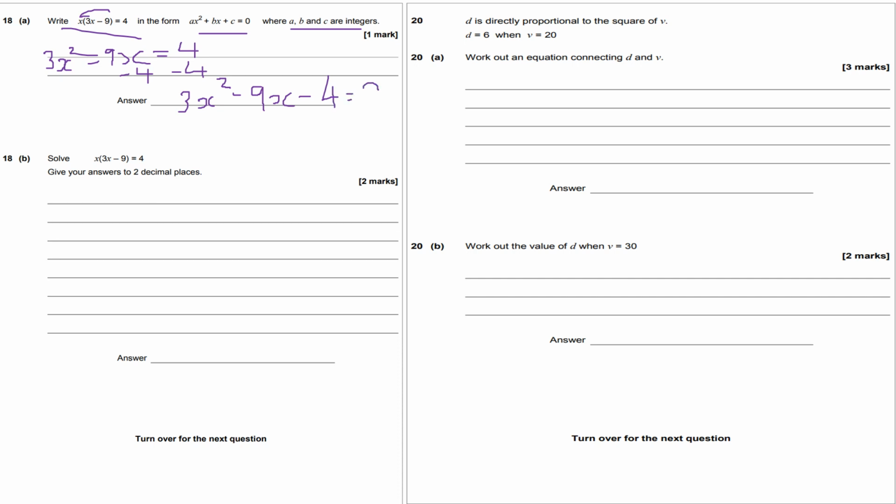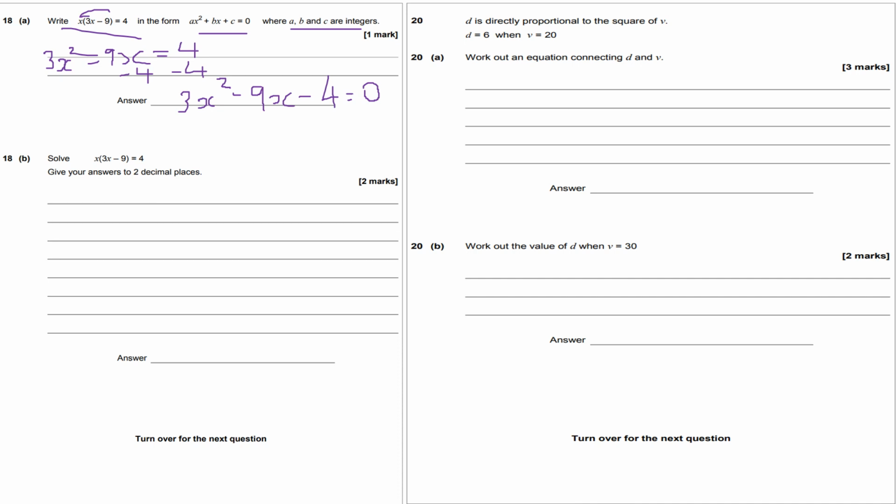Whenever you are solving a quadratic equation, it must be equal to 0, it cannot be equal to a number. It has to be in the form ax squared plus bx plus c equals 0. If it doesn't equal 0, then you rearrange it so it's in that form.